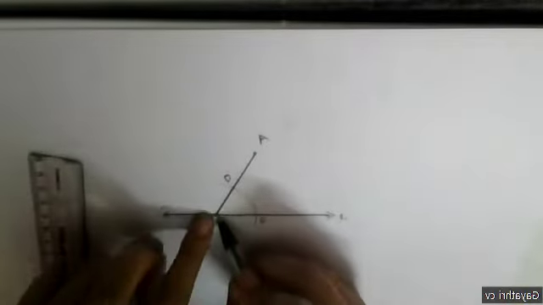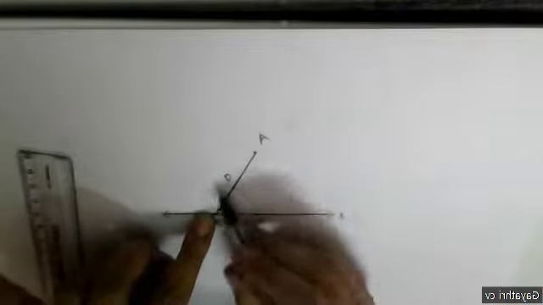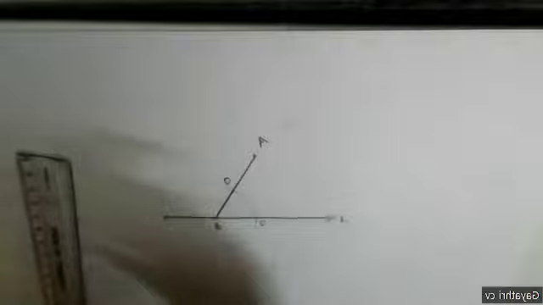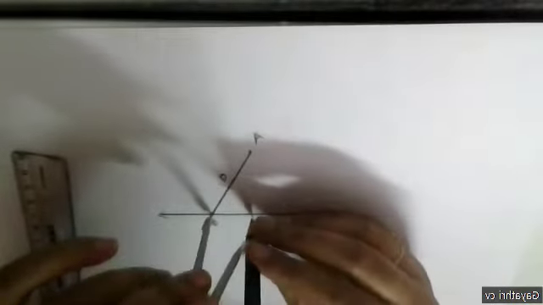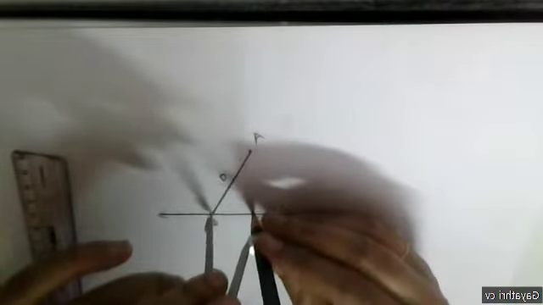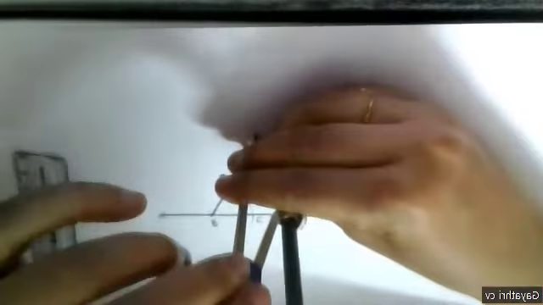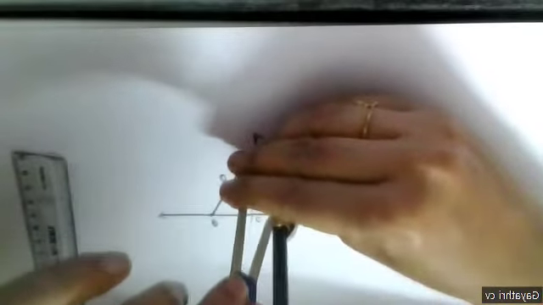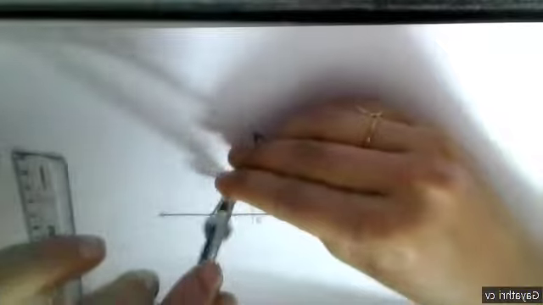With B as center and any radius, just draw an arc like this, and I'm going to mark this as C and D. Now, with the same compass measurement that you took here, don't change it, keep the compass as it is. Now, take A as your center and draw an arc like this, with the same radius as you took earlier.